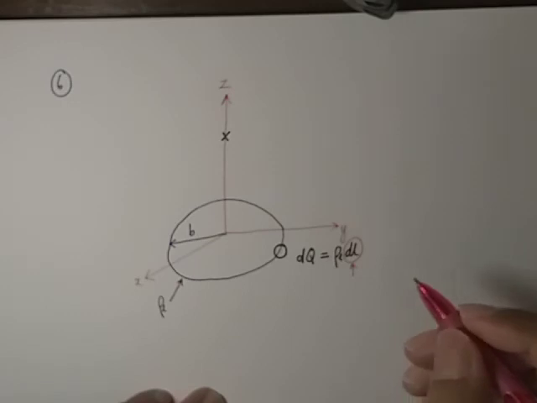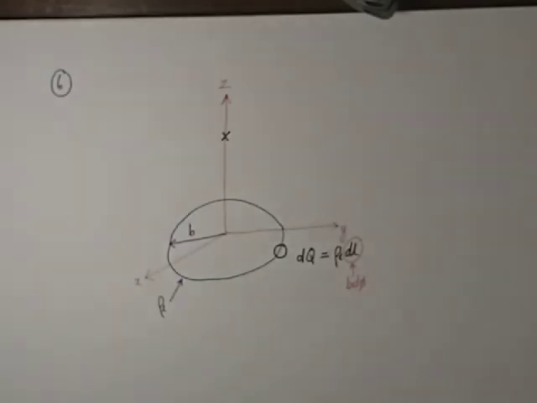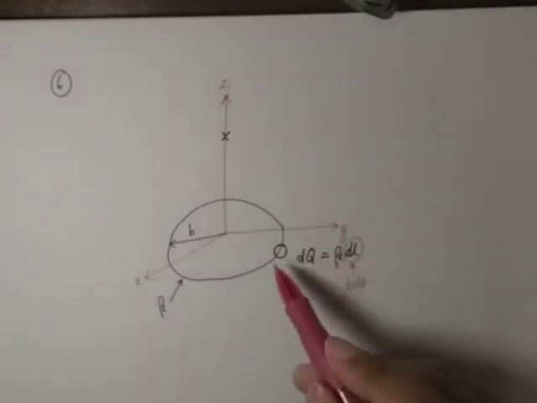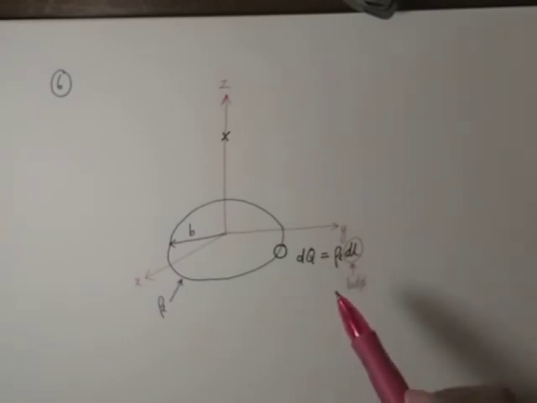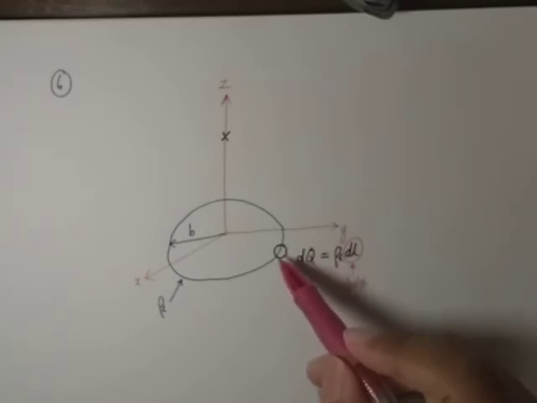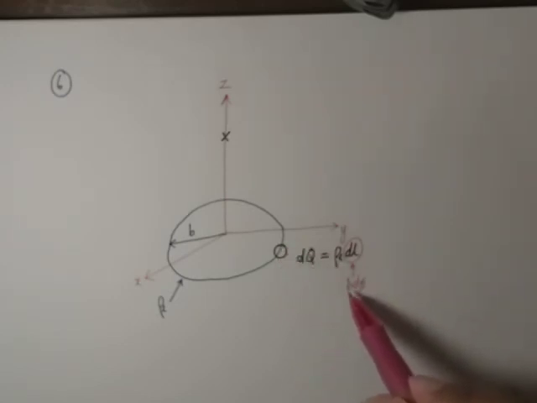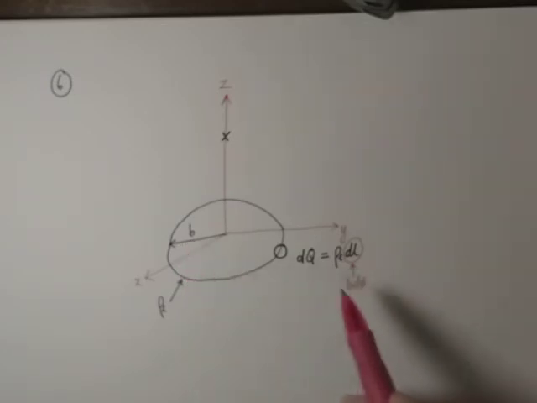Based on the cylindrical model that we learned in handout number 2, this should be the radius multiplied by the change of angle. The radius is b, change of angle d phi. So that should be our dl.